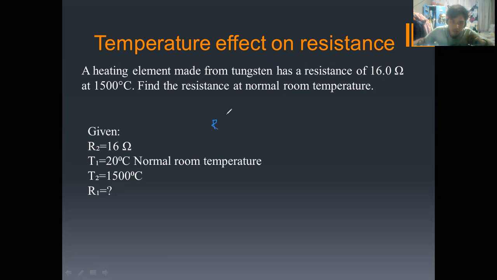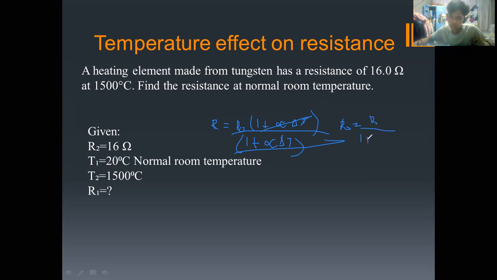So, yung R2 equal sa R sub O, yung R sub 1, multiply by 1 plus the coefficient temperature, multiply by delta T. Para makuha natin itong R sub 1, kasi yun yung hinahanap, i-divide natin ito sa 1 plus coefficient temperature times delta T. Para makancel to, mapupunta to ngayon dito. Ngayon, yung R sub O natin, magiging equal siya sa R over 1 plus the coefficient temperature times delta T.